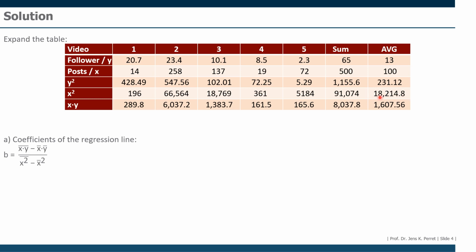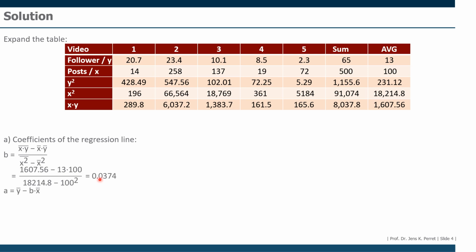So that's this average. And finally minus the average of x squared, so the 100 squared. If we put in the values, we get as a result 0.0374.